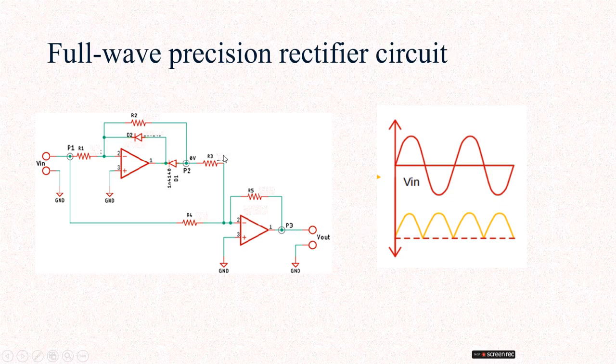The P1 point is connected to the negative terminal of the second op-amp, so it is an inverting amplifier.